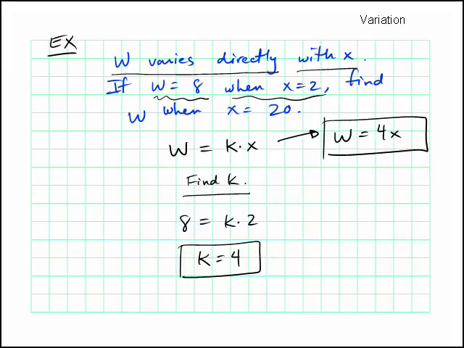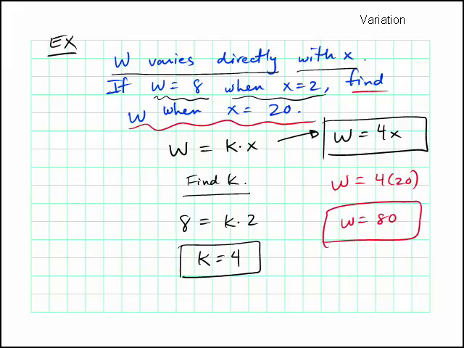Now I can use that equation to answer the question. Find W when X is 20? Well, if X is 20, then W will be 80. The answer is 80. By the way, direct variation is the same as directly proportional to. You could set up a proportion to solve these direct variation problems, but since the book solves it this way, I'm going to do it this way as well.